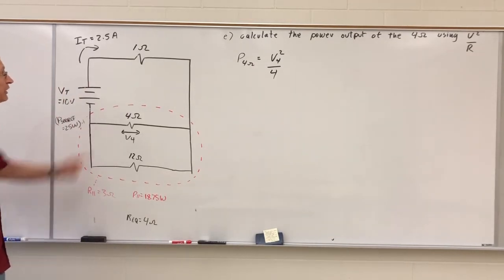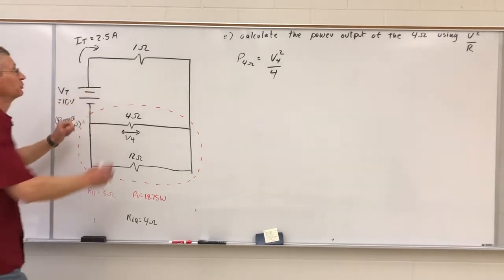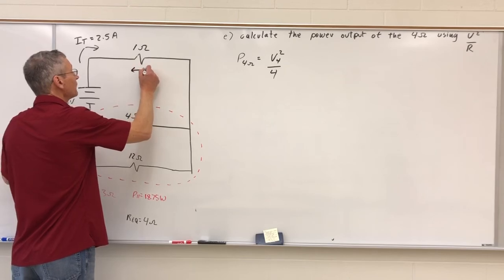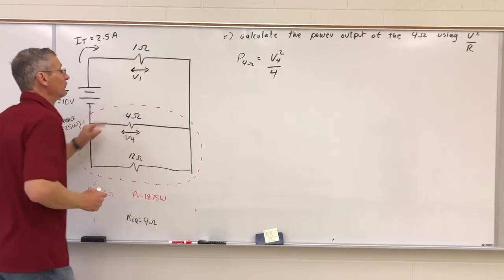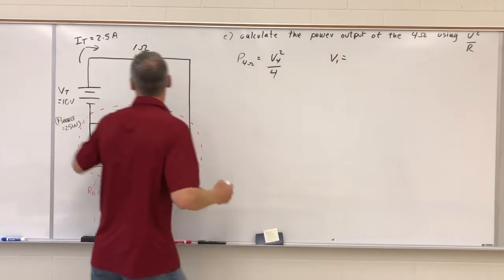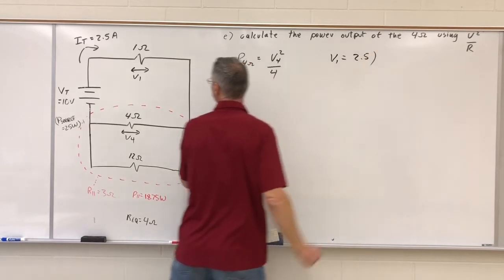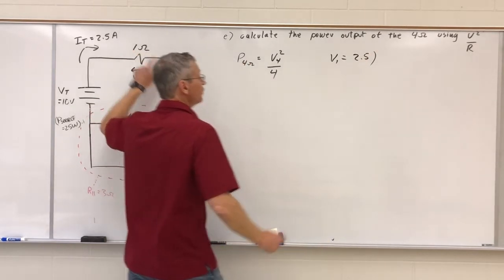Well, how about this? I can calculate the voltage across this resistor pretty easily, right? Call that V1. The voltage across this resistor is equal to the current through it, which is 2.5, times the resistance itself, which is 1.